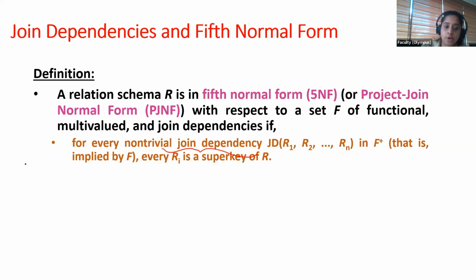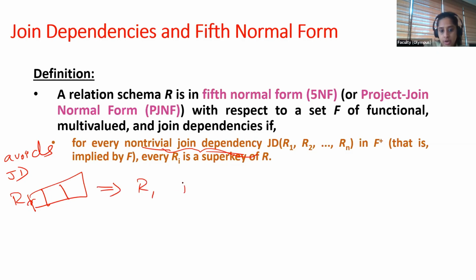So the fifth normal form, directly you can say, avoids join dependency. Now, the definition they're saying: for a non-trivial join dependency, you have a relation table R, which has been decomposed into R1, R2, and I have a join dependency problem when I join these.